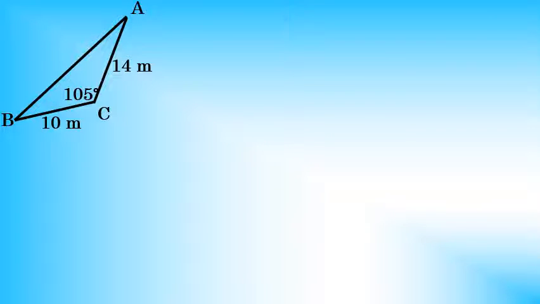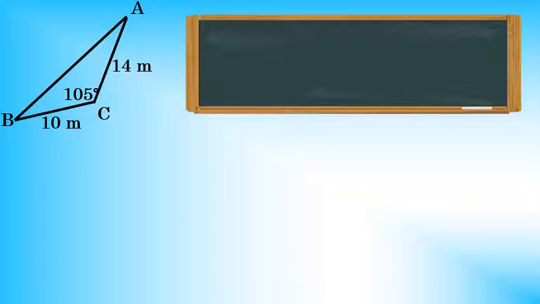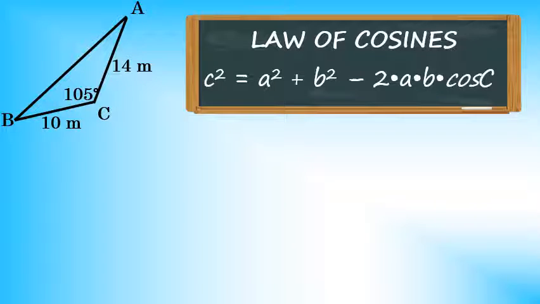The law of cosines states that in any triangle, the measure of one side of the triangle squared is equal to the sum of the squares of the other two sides, minus 2 times the lengths of the other two sides times the cosine of the angle that is opposite that side.